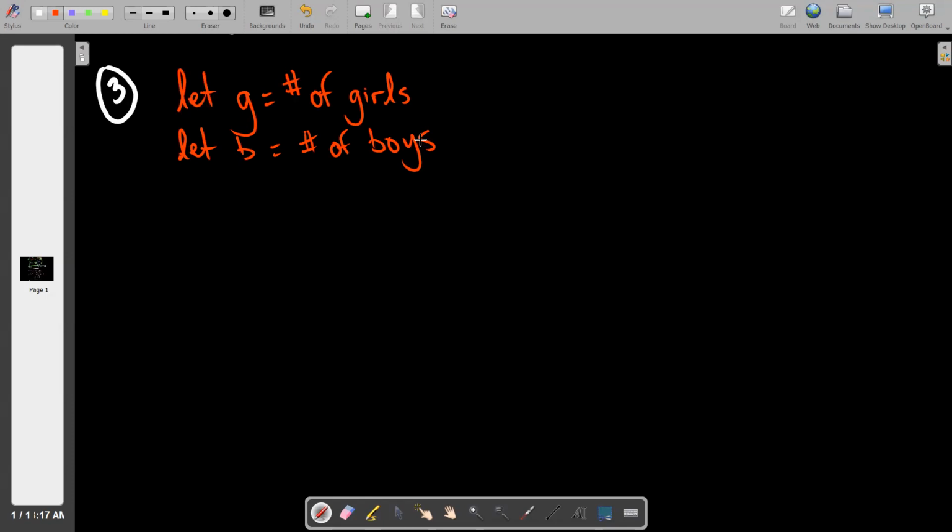And as inspired by a student in this room a couple days ago, I was reminded that it's okay to use capital letters. Cambry went big brain mode the other day and was like, I'm going to use a capital B. And I know the reasoning behind it was because I don't like little b's. They look like 6s sometimes. And so if you want to use a big B, big G, this isn't the kind of place where that's going to get in the way of anything. So you do what you need to do, but declare them.